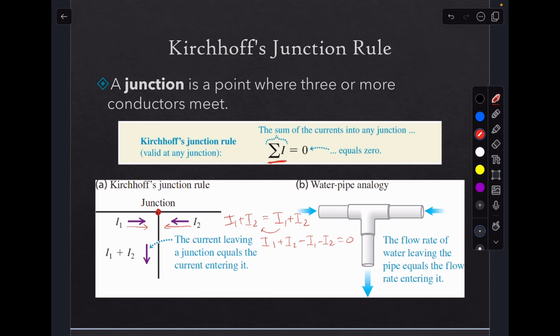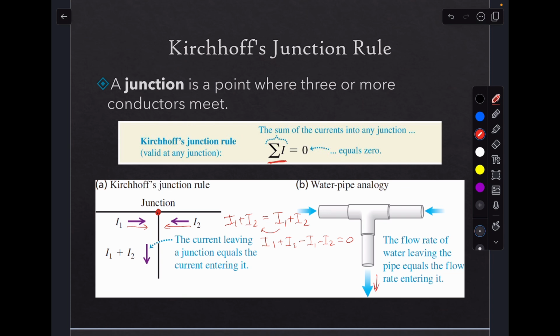You can think of it as a water pipe analogy. If I have water going into a junction, all that water sent into the junction must equal the water leaving, or else there's nowhere else for the water to go. The same thing for the current. There's nowhere else for the current to go.